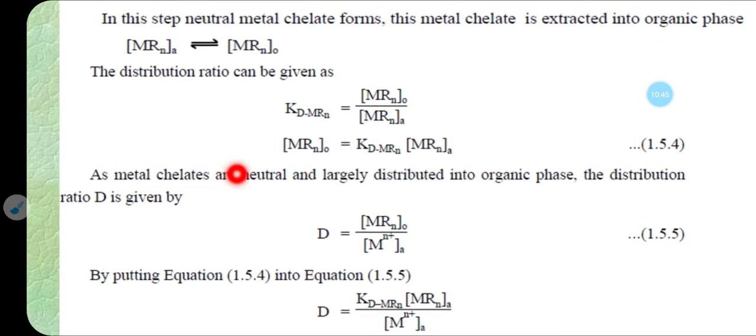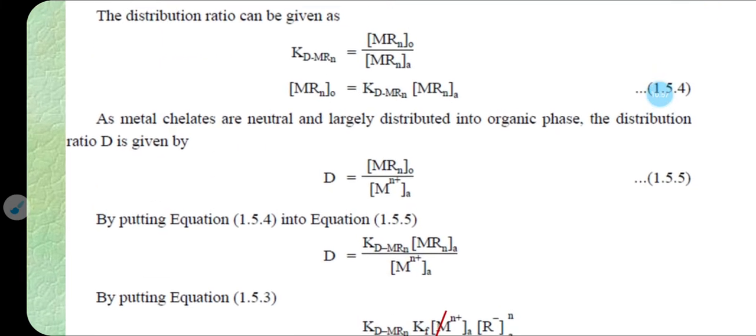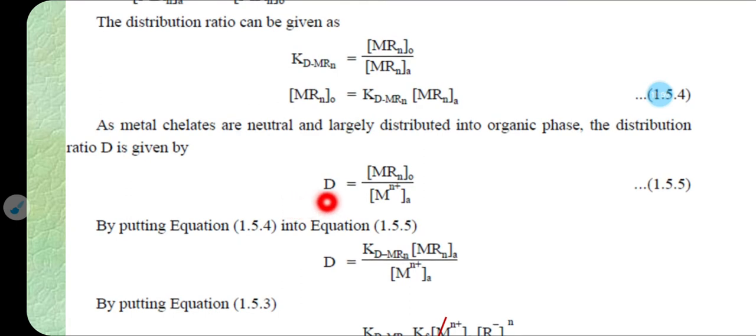As metal chelates are neutral and largely distributed in the organic phase, the distribution ratio for the metal chelate, D, is equal to the concentration of all species in organic divided by the concentration of all species in aqueous. Here we have not considered the H+ ion because it is a very small ion.